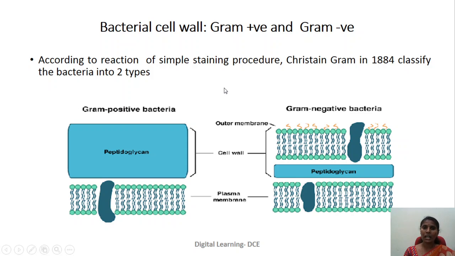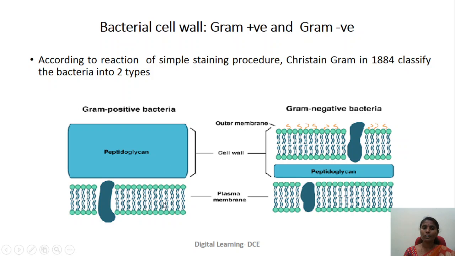Gram-positive bacteria remain purple in color after the gram staining technique, whereas gram-negative bacteria appear pinkish in color after the gram staining procedure. This differential staining is mainly due to the differential composition of the cell wall in bacteria.